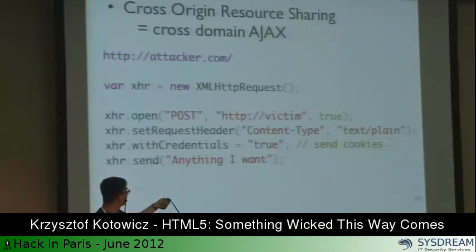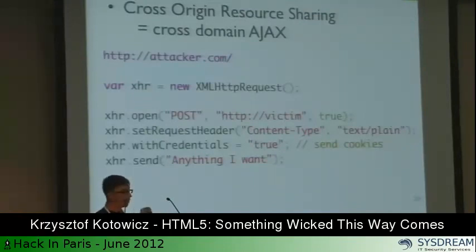Setting the content type, it doesn't have to be a text plain. We'll modify it in a moment. And using the withCredentials flag. The withCredentials flag is the new feature of HTML5 cross-origin resource sharing. It simply says attach cookies to the request. Attach cookies that the browser has for the victim website.